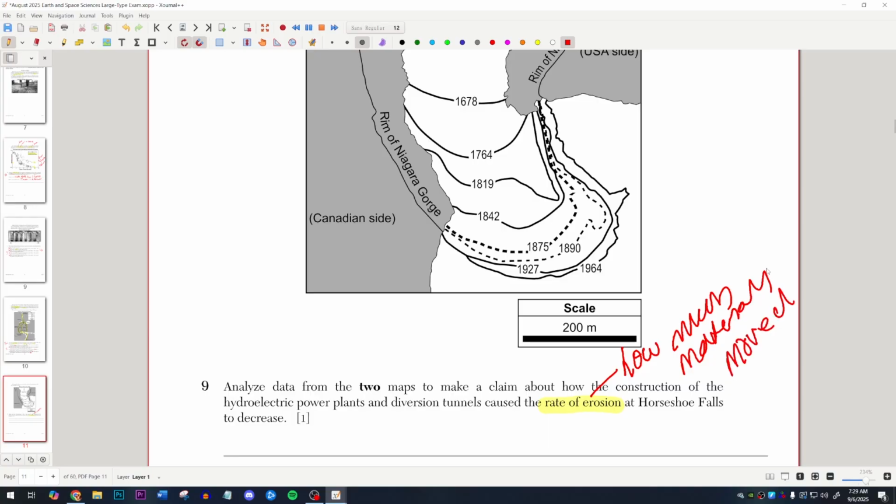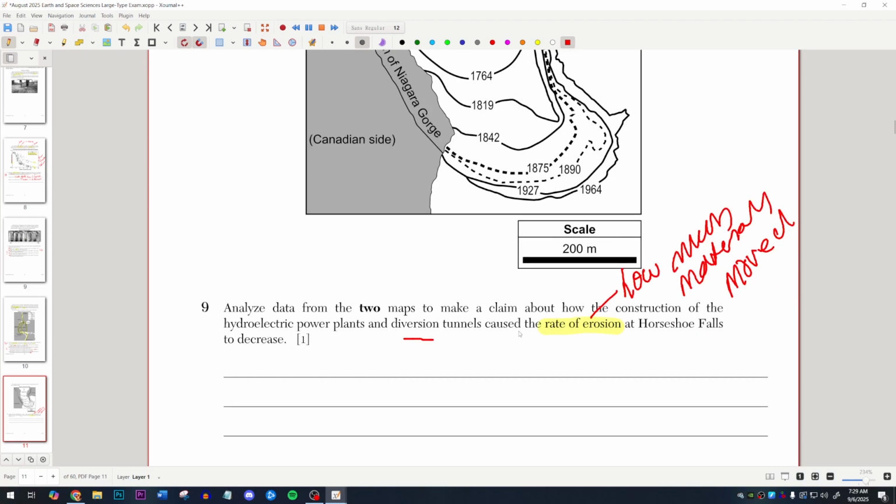So if you're diverting water, diversion means to make it go in a different direction, right? You're diverting water, obviously it's going to take away from the power of the initial river. So the main river will be less powerful.